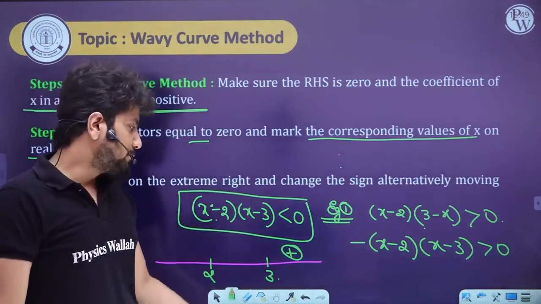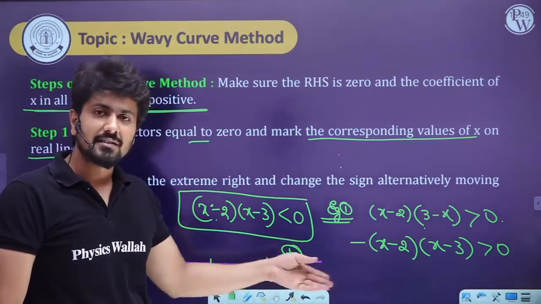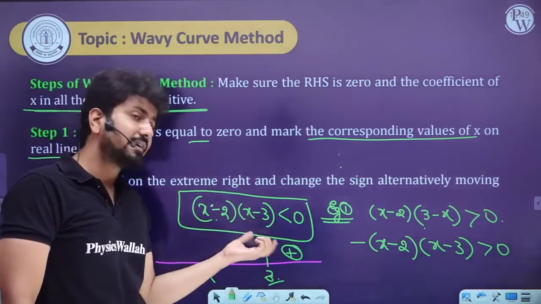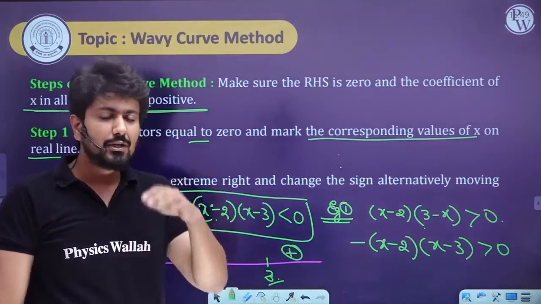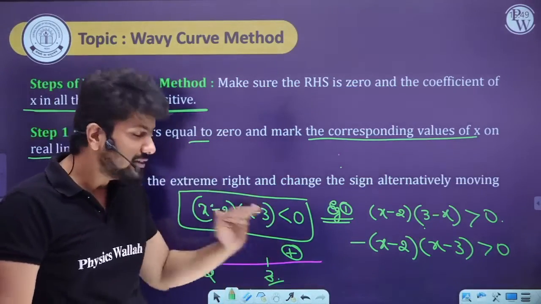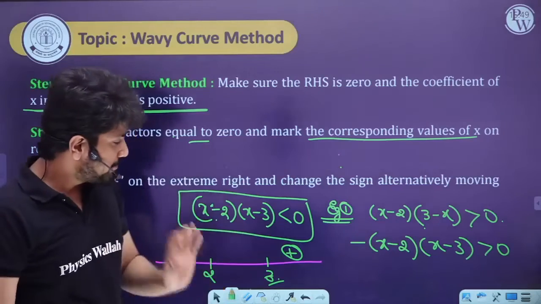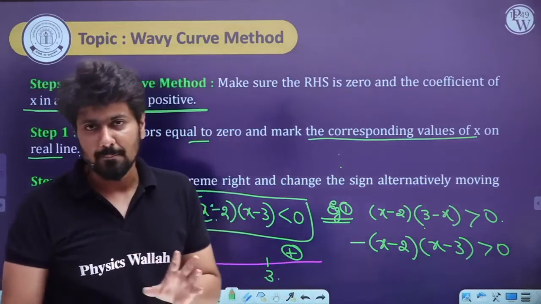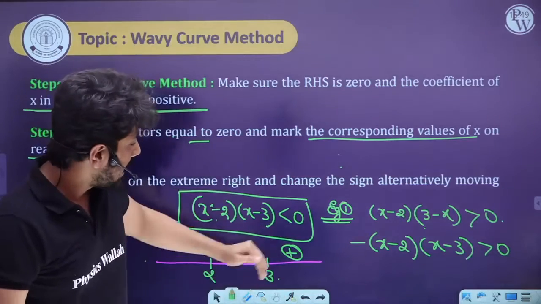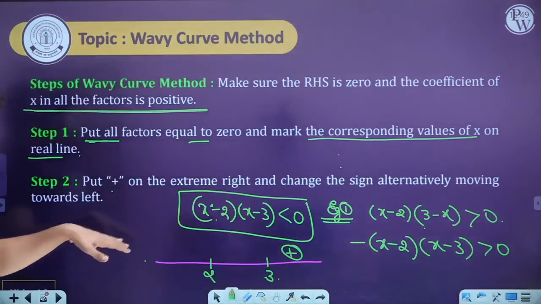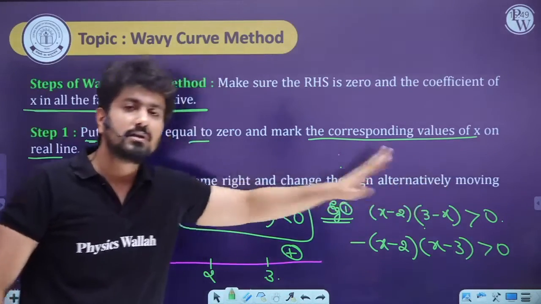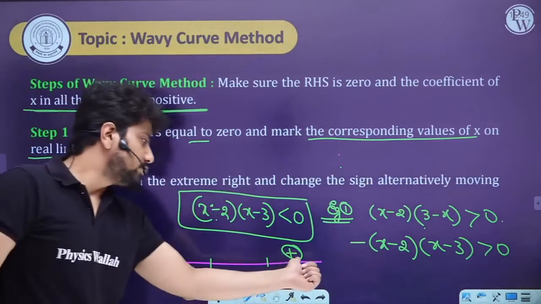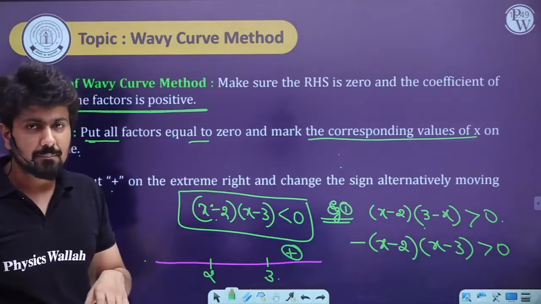If you put any value of x greater than 3, this factor will be positive, and this factor is also positive. So we don't need to check the sign. We can simply put a positive sign on the extreme right. Then after each critical point, change the sign alternately, moving towards the left.